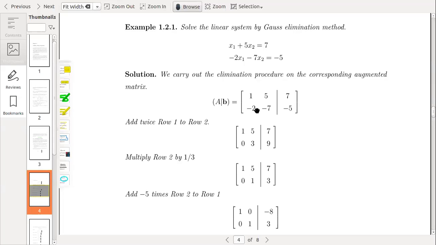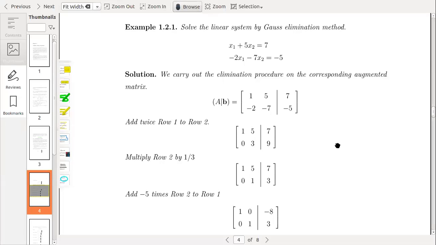To reduce this minus 2 into 0, we must add plus 2 to make it 0. So we multiply the first row by 2 and add it to the second row. That is why we write add twice row 1 to row 2. And we get the result.